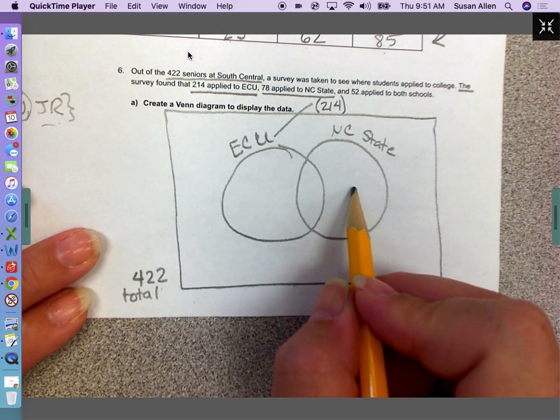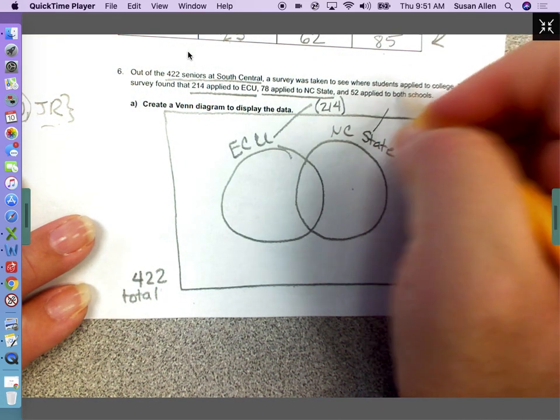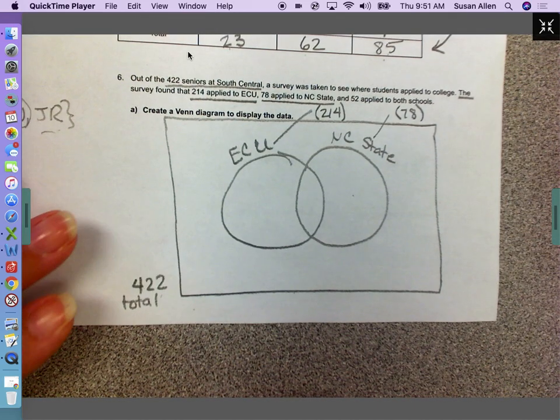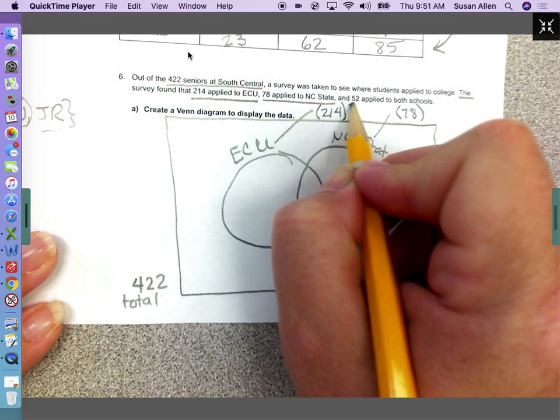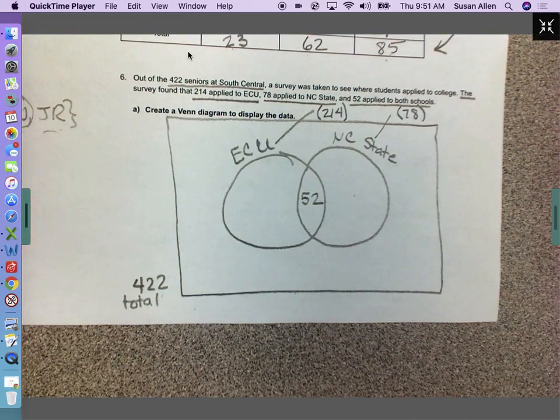We cannot put 78 here because it does not say NC State only. So we need to take note that 78 applied to NC State. This is going to help us find our answer. It does not go in our Venn diagram. We are then told that 52 applied to both schools. So I'm going to put the 52 where the circles overlap because 52 did apply to both schools.